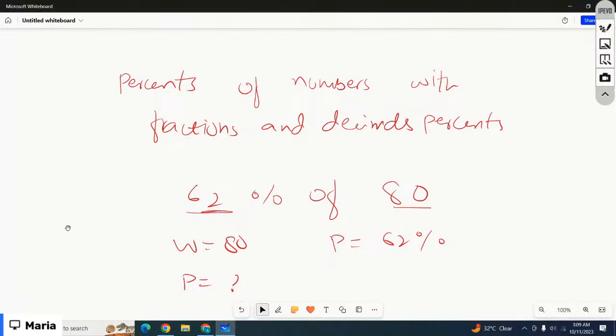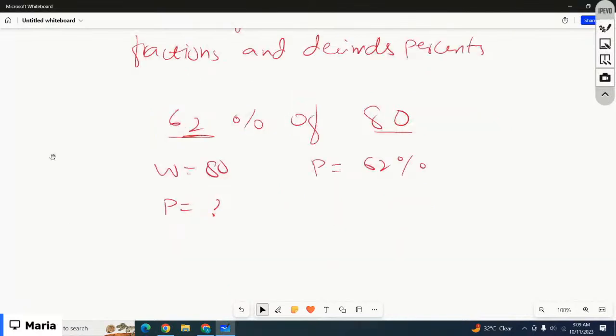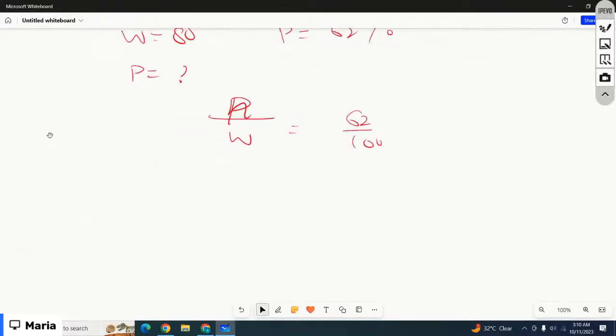So let's just calculate the value. That would be part divided by whole, and that equals 62 over 100, right? You have to calculate the part, so let's replace this with n. The whole is 80.